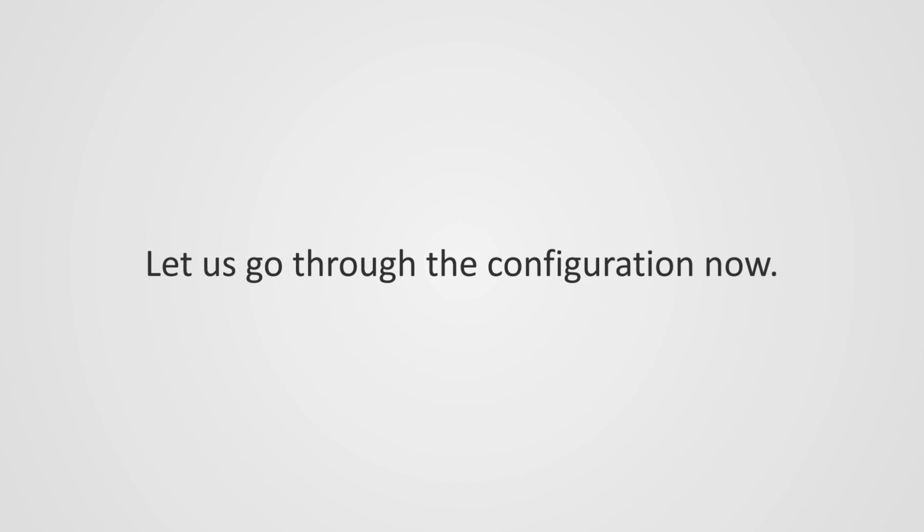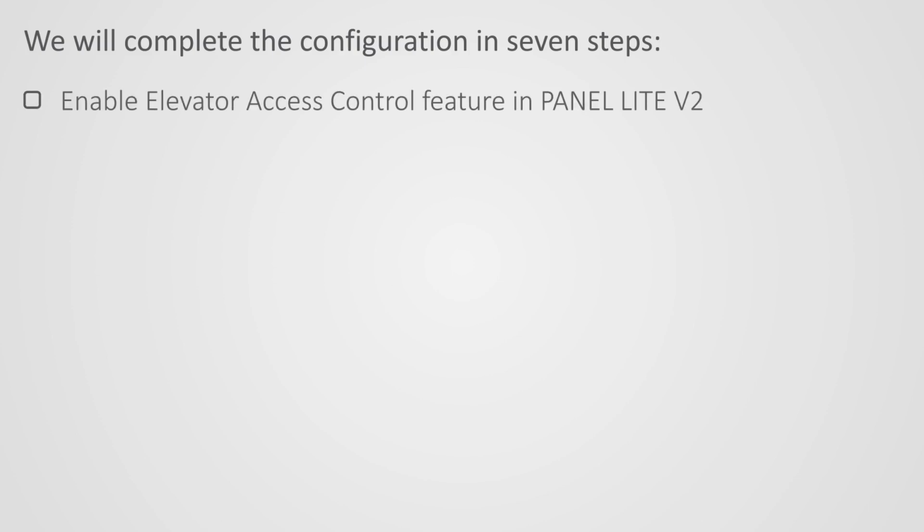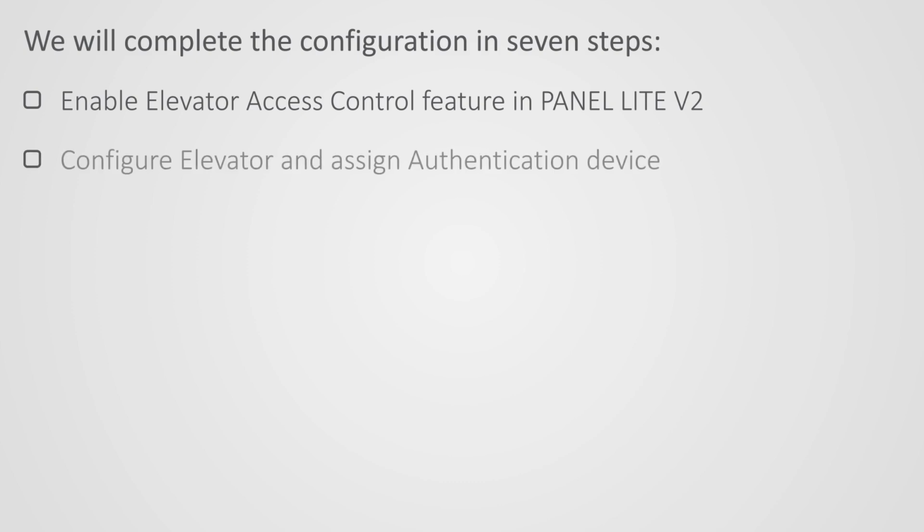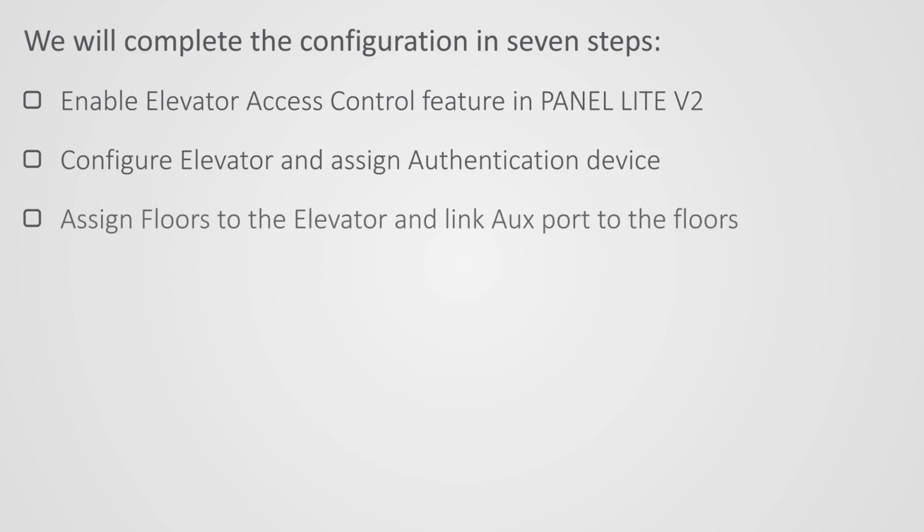Let us go through the configuration now. We will complete the configuration in 7 steps. First, enable elevator access control feature in panel light V2. Second, configure elevator and assign authentication device. Third, assign floors to the elevator and link aux port to the floors.